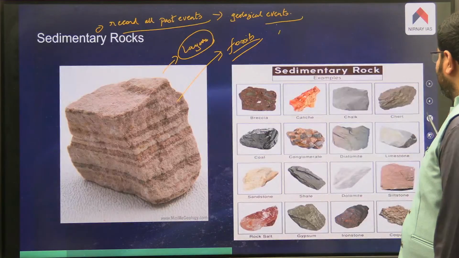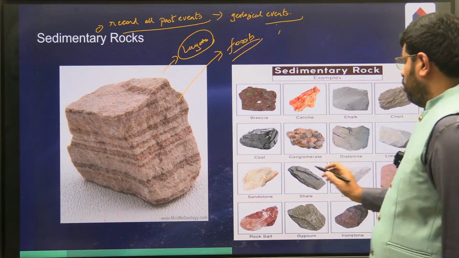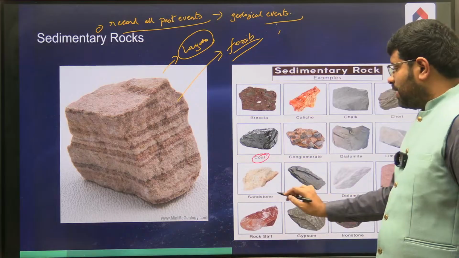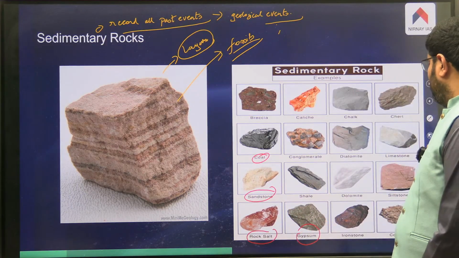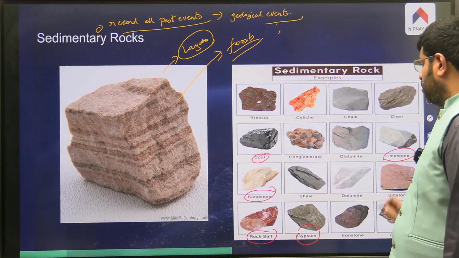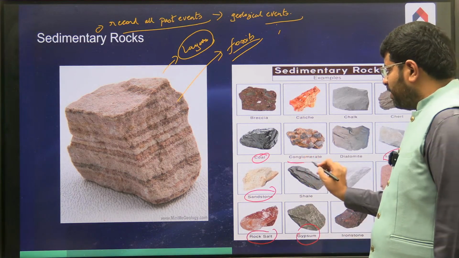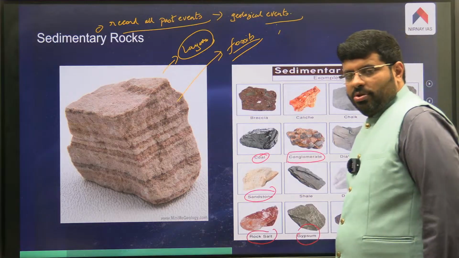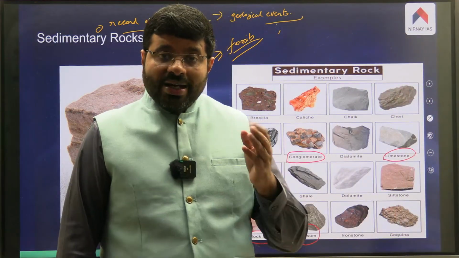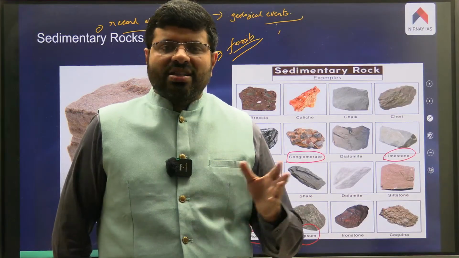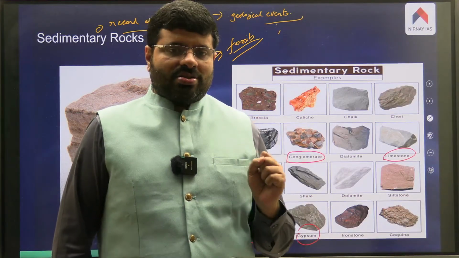You can remember the examples. Coal, just now I told you, sandstone, rock salt, gypsum are some of the examples. Limestone. By the way, have you heard this word conglomerate? In the Shivaliks, we tend to find significant conglomerate rocks.